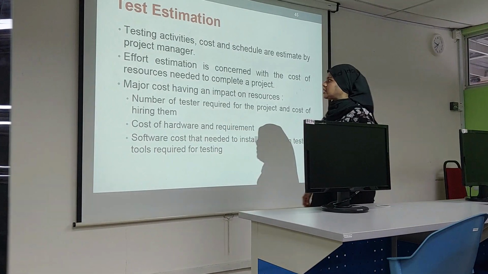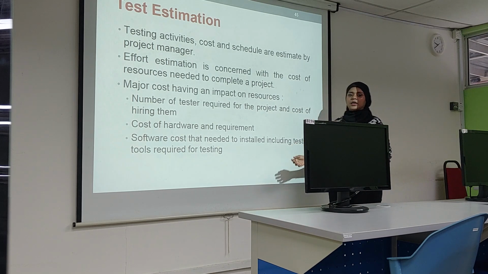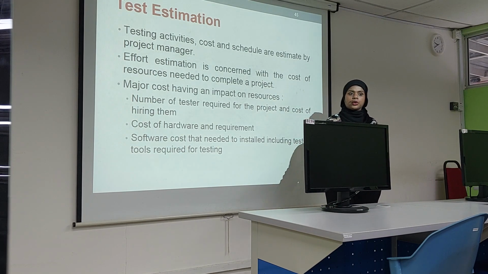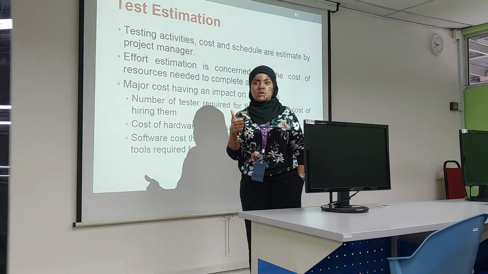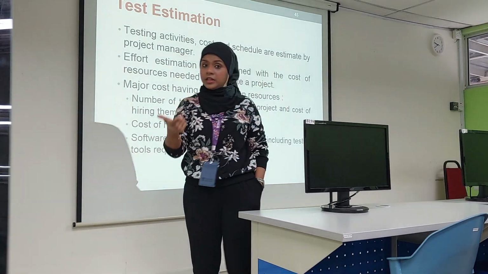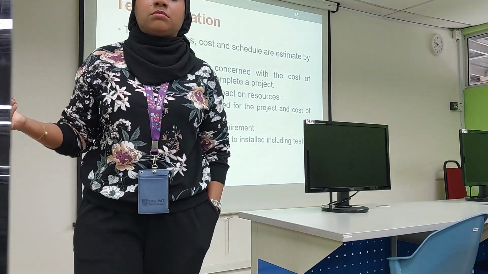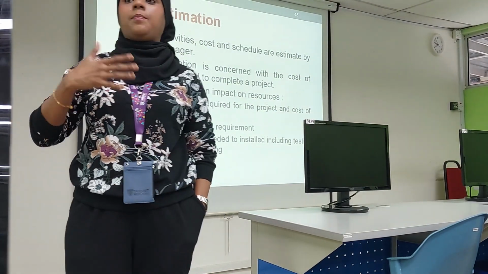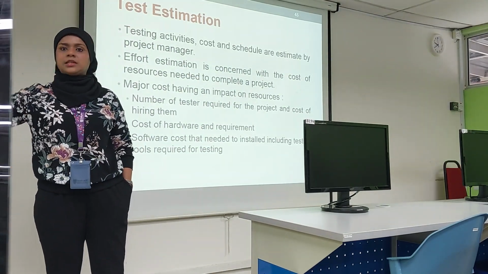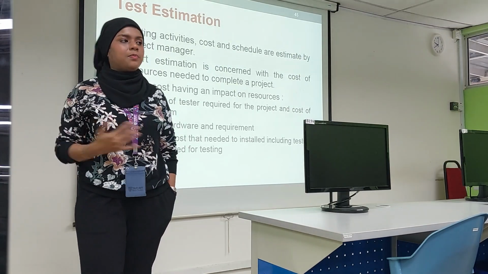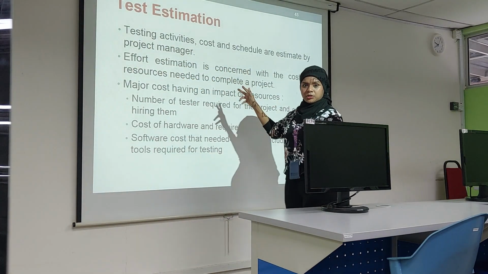Okay, so test estimation here is how a project manager or the test manager work together to do the estimation of budget, estimation of resources, estimation of time. So it means we are planning to conduct the testing. So let's assume we want to start on the 2nd January. So now we are doing the planning activity. So we need to do the estimation.